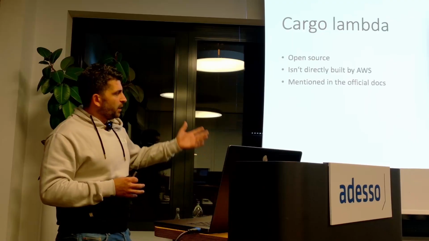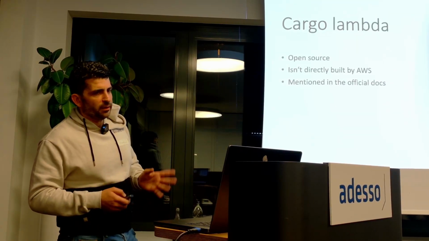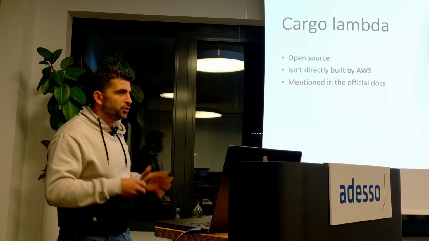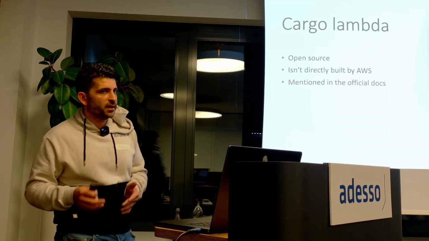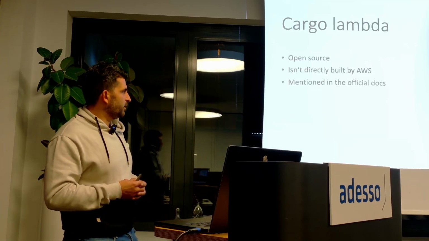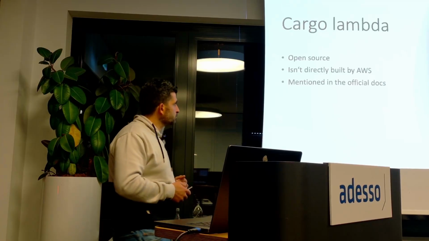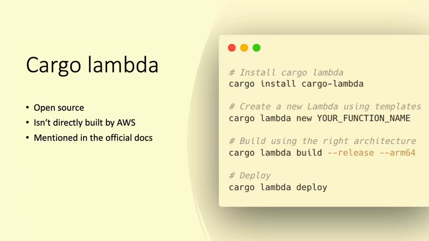Then you can deploy it either with Cargo or with the actual CLI or with any other frameworks you usually use for your code, whether it's CDK code, SAM or the Serverless Framework. So you have a lot of options for how to deploy that function. This framework is not from AWS.